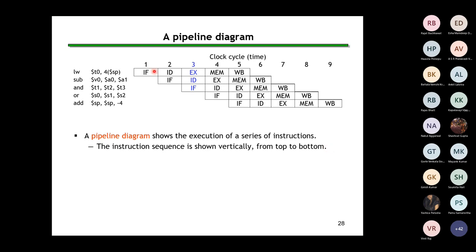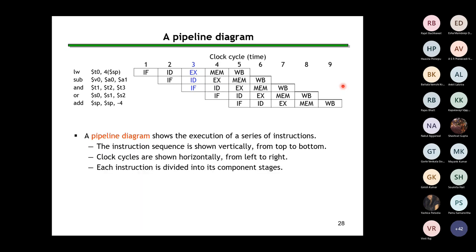The instruction sequence, as you can see, is shown vertically, and the timing is shown horizontally from left to right. Each instruction is divided into 5 components as in MIPS. And there are specific hardware modules for implementing each of these stages.